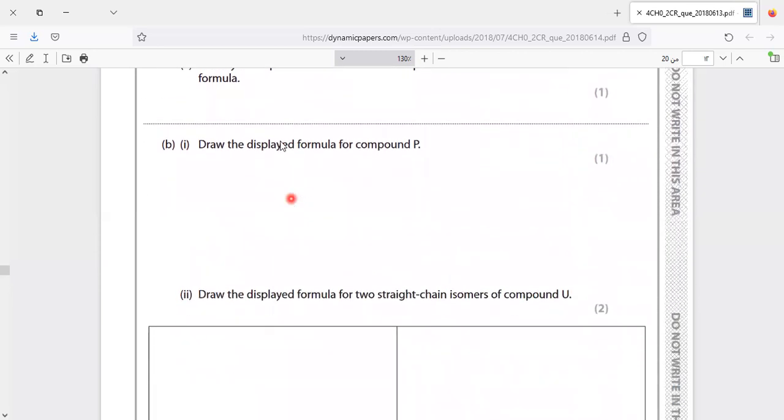It's very easy, so I will just draw it here. Normal C, with 4 bonds to hydrogen. H here, H, H. This is the displayed formula.